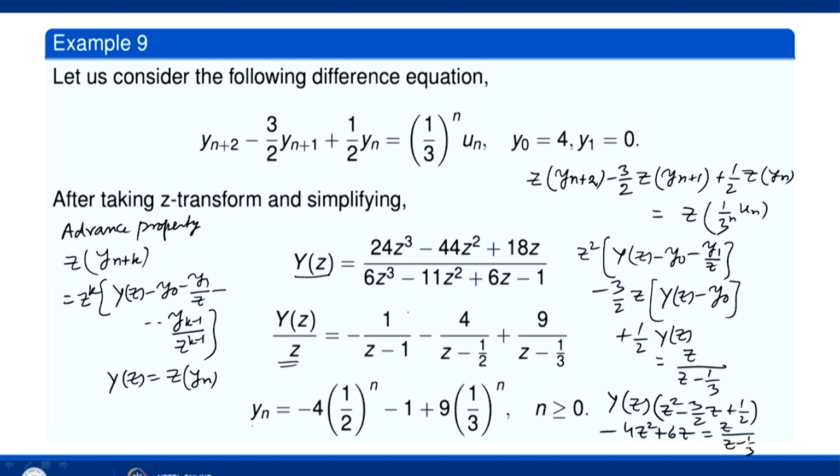After we have got the fractions of Y z over z, then we multiply by z to get the value of Y z, and then once Y z is obtained, we take the inverse z transform. Okay. Keeping in mind that inverse z transform of z over z minus a is a to the power n, will lead you to the solution of the given difference equation.